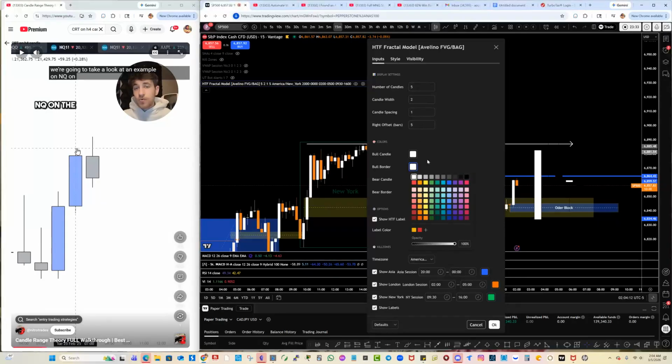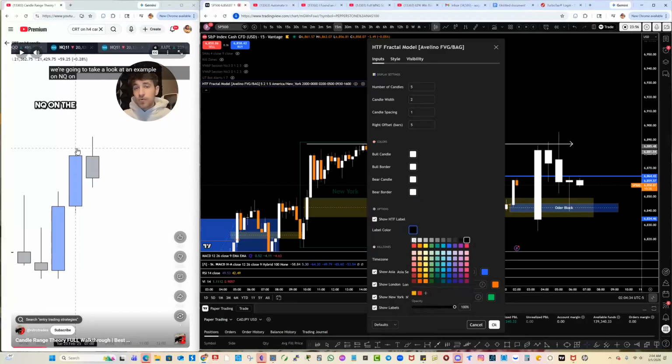Bulls, white, or bull candle should be, the red color should be white.